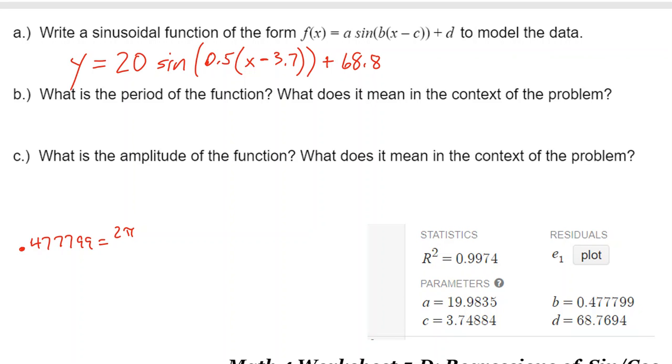Oh, wait a minute now, no, excuse me, I got it backwards. We want to find the period, and that ugly decimal goes down here. So let's see what the calculator says. When we check with the calculator, we get something resembling 13.15.